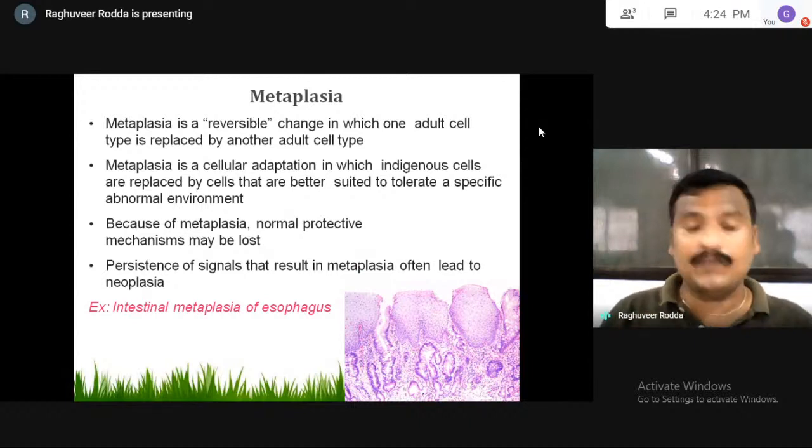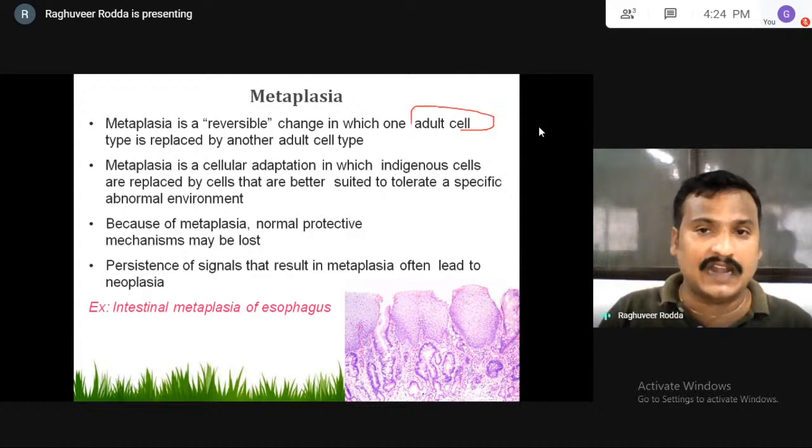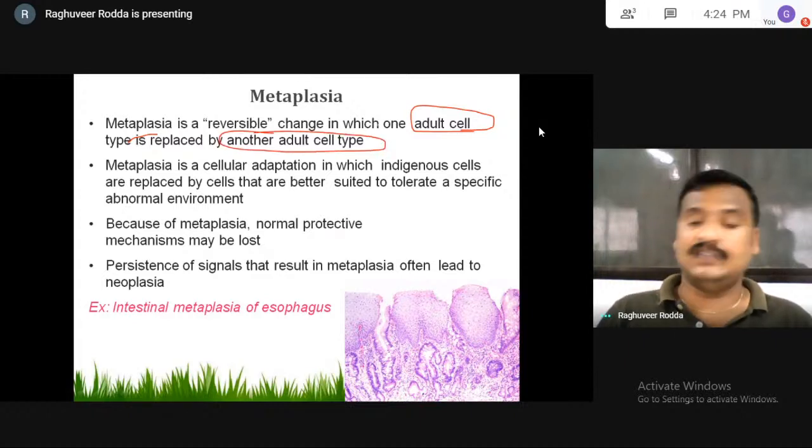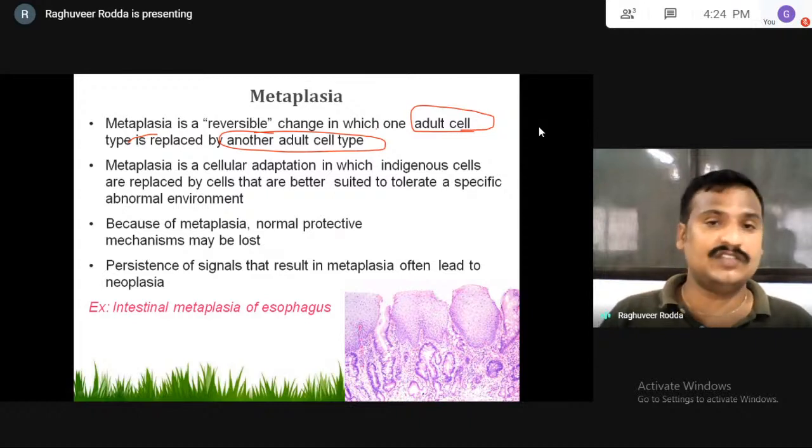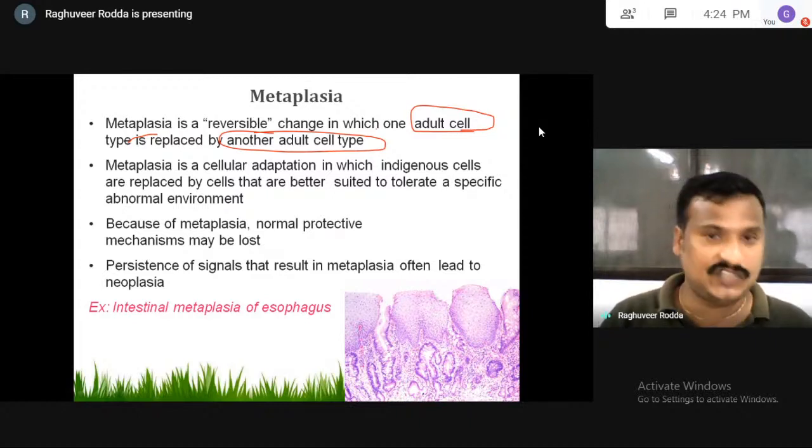Okay, so because of this reason, we are using the word adult type. One adult cell type is replaced by another adult type cell. At that particular condition, the adaptation is called a metaplastic condition.